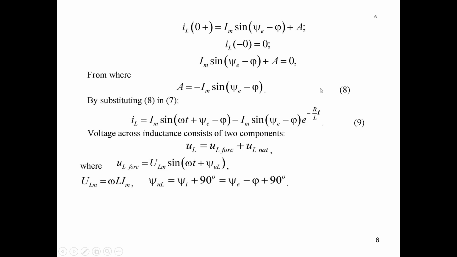For this, as in the previous case, we will use the first switching law, which tells us that the current through inductance before commutation at the moment 0 minus should be equal to the current through inductance at the moment just after commutation. It's depicted here as IL from 0 plus.